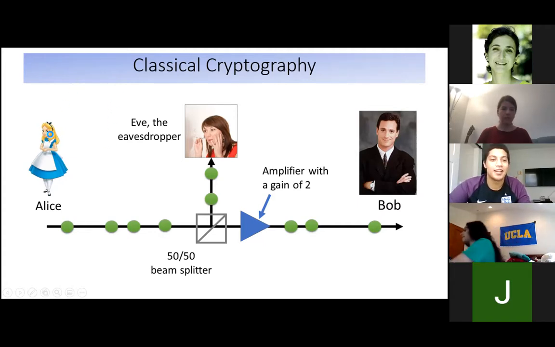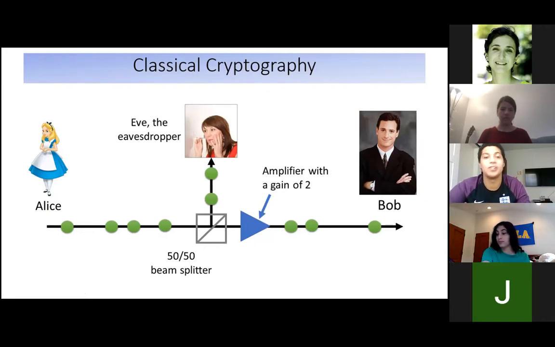Let's say Alice is sending information encoded in pulses of light of different intensity, and she's trying to send it to Bob. Eve just puts a 50-50 beam splitter there. And after that, she puts an amplifier with a gain of 2. Bob will still get the information, but so will Eve, and they'll have no way of knowing that Eve was there and intercepted any information.